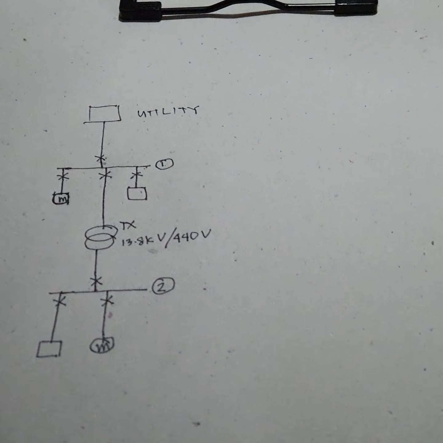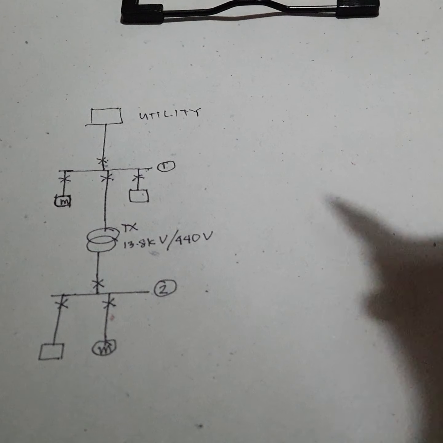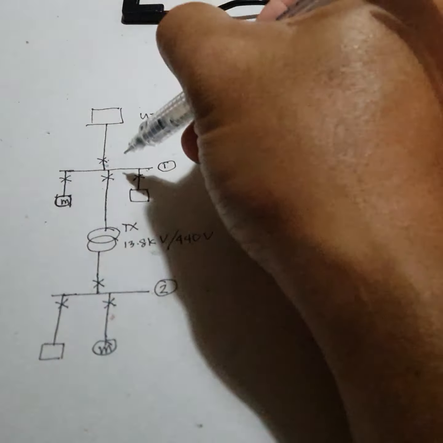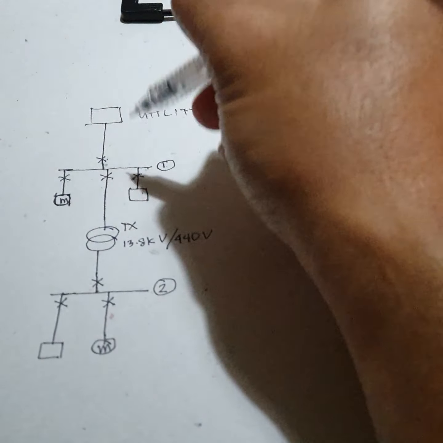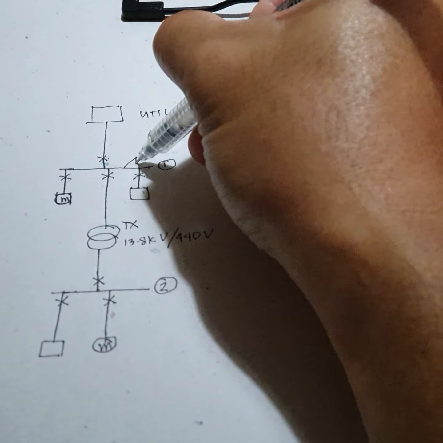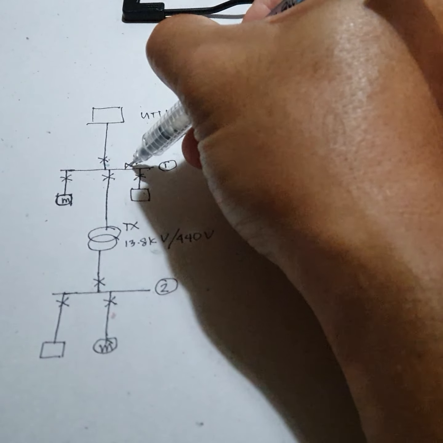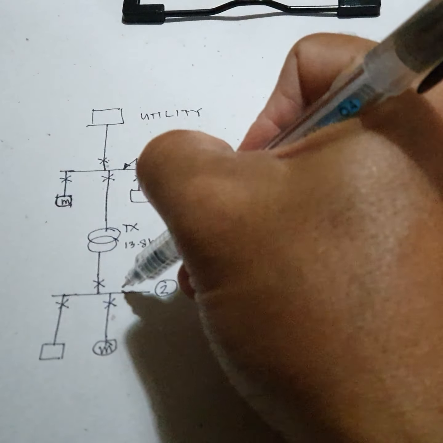Okay, so first you have to calculate the fault current, or the available fault current, in every bus. So let's say for example, this is fault 1 and this is fault 2.